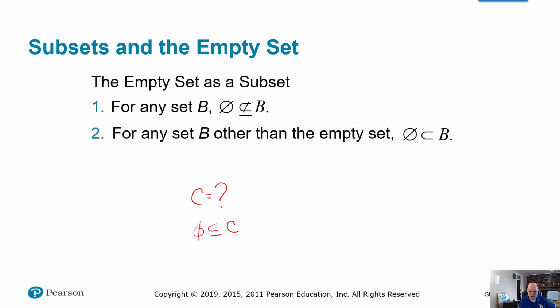Keep that in mind. Usually, it's a proper subset. If there's anything at all in B, it's a proper subset. If there's nothing in B, then it's also the empty set, and it would look like that.